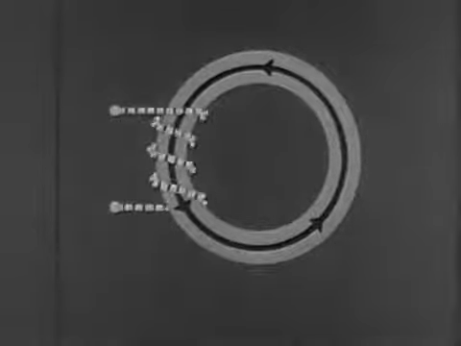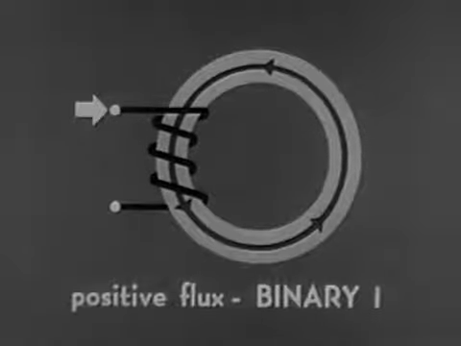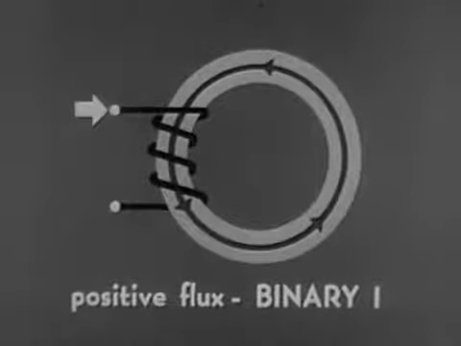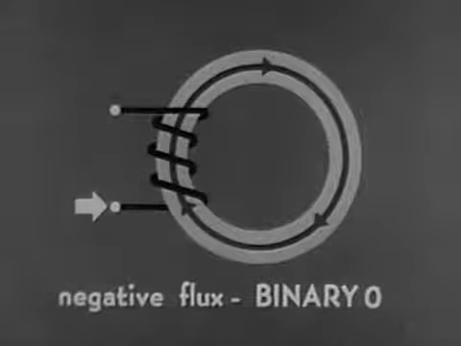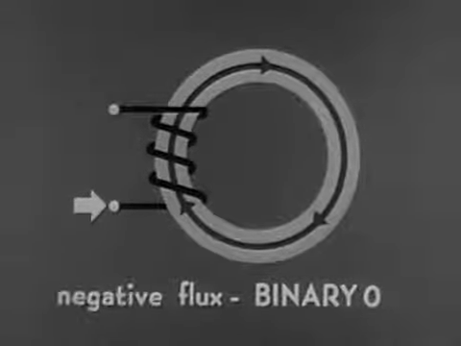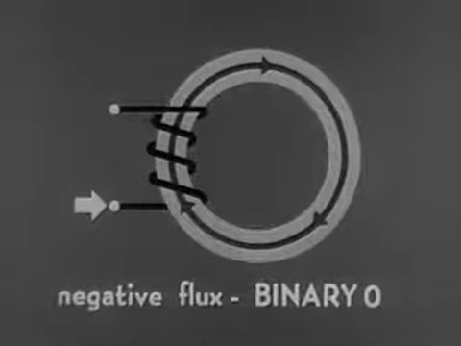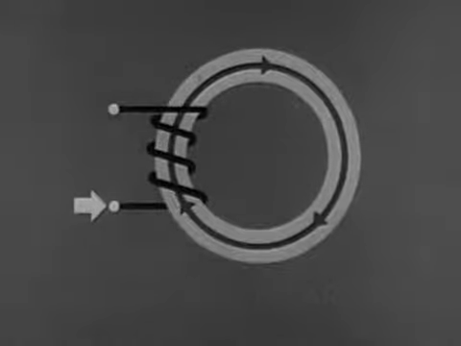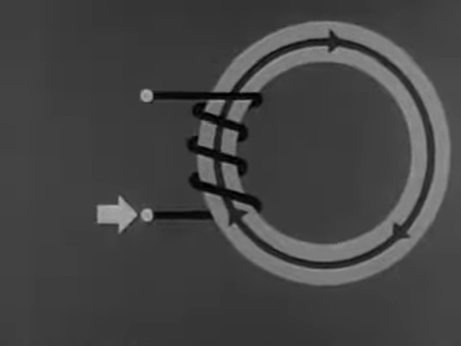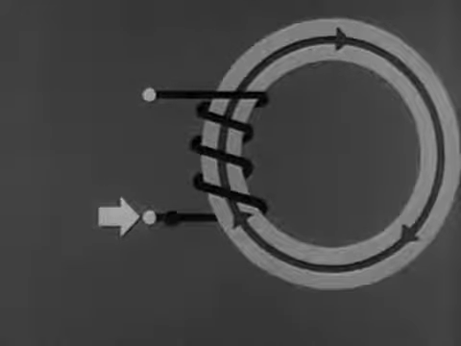The conductor here is wound so that current flowing in this direction produces a positive flux, setting the core in the binary 1 state. Current flowing in the opposite direction produces a negative flux, which sets the core in the binary 0 state. To show the polarity of the winding in a core diagram, we mark one side with a black dot.